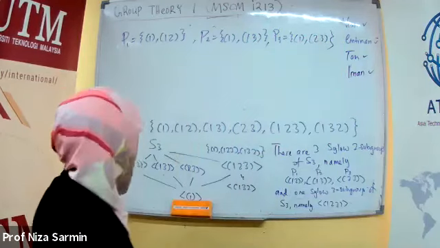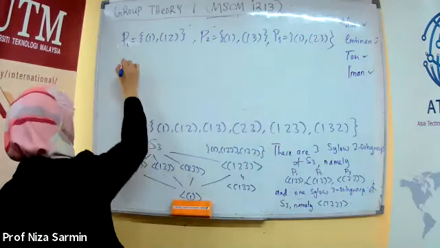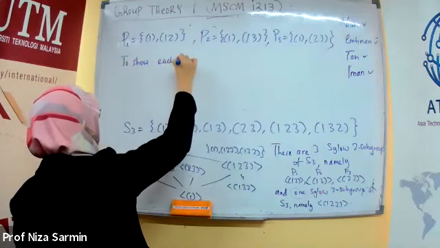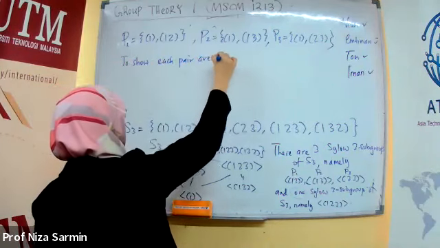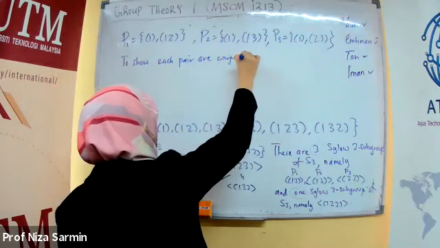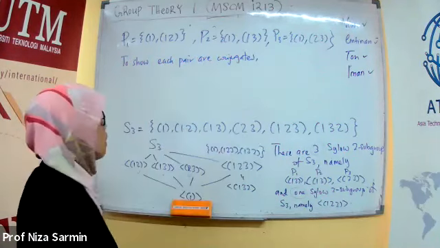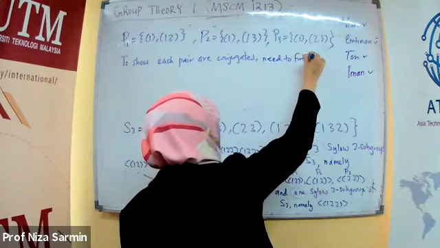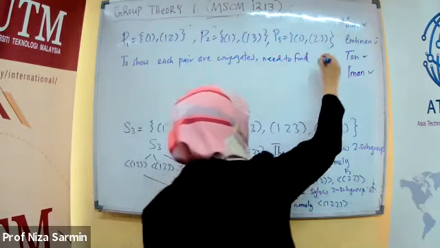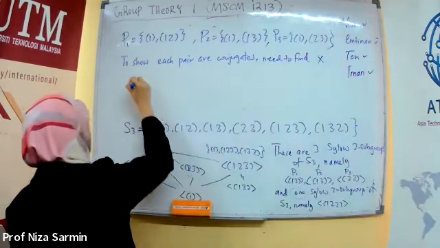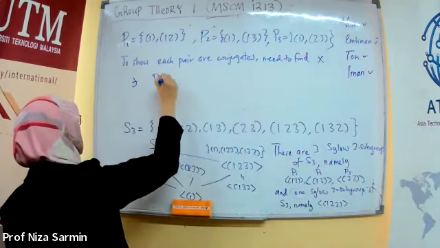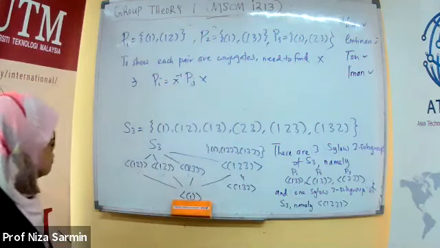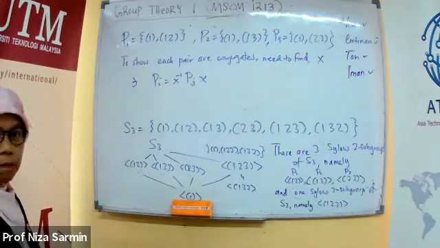To show each pair are conjugates, we need to find x such that Pi is x inverse Pj x for each pair Pi, Pj.